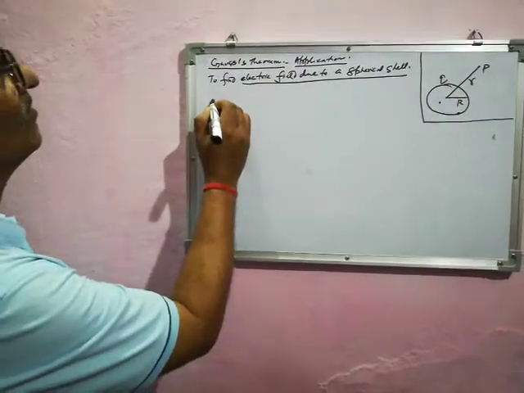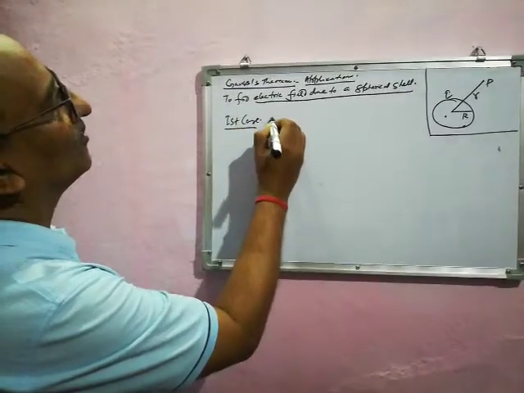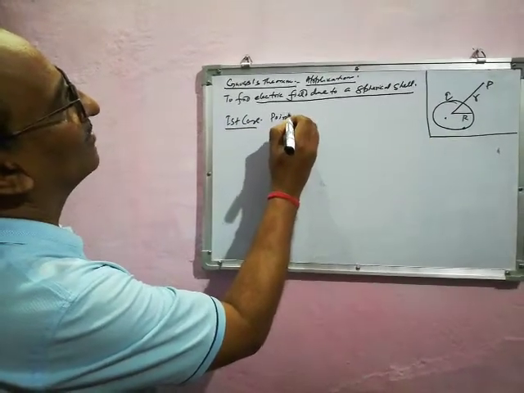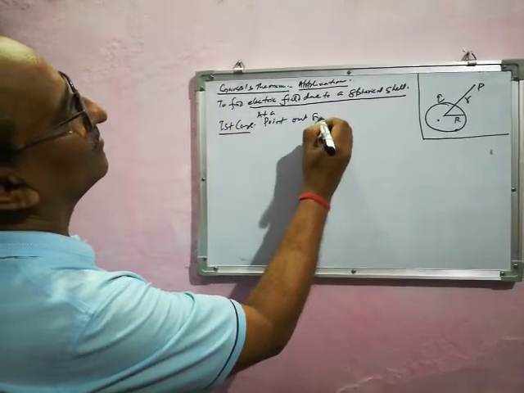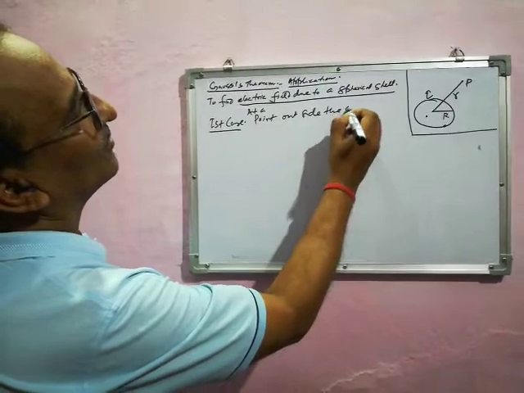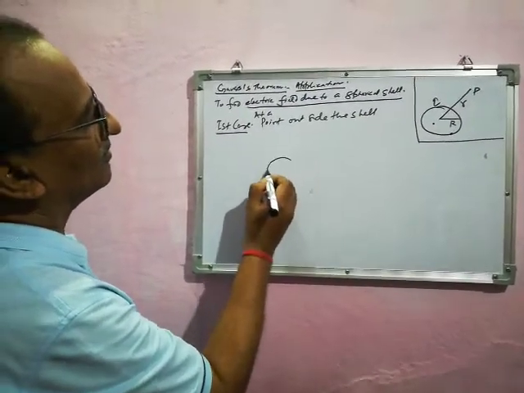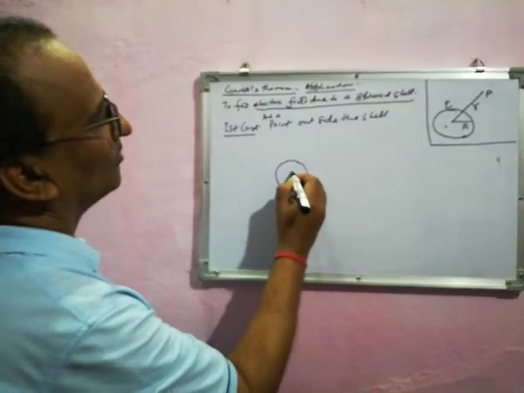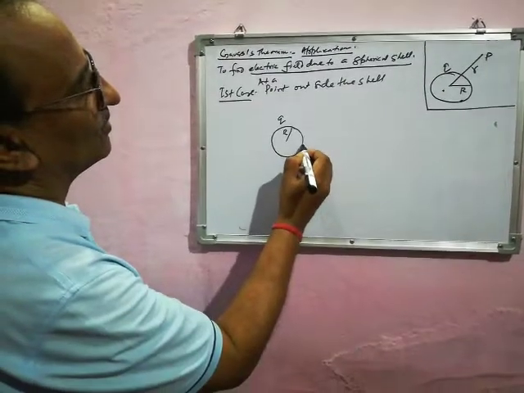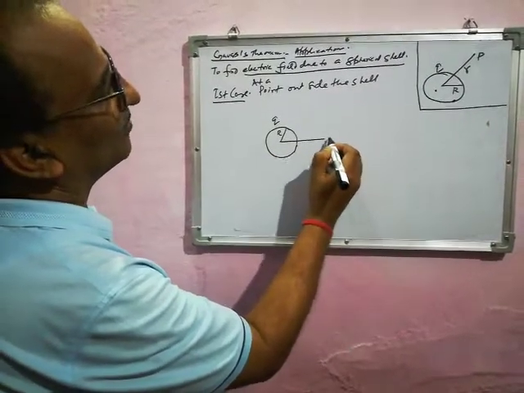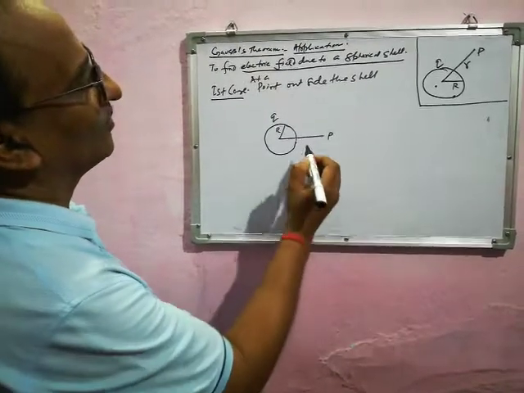First of all, our first case is when the point is outside the shell. Here this is a spherical shell of radius R having charge Q uniformly distributed on its surface, and P is the point where we have to find the expression of electric field.